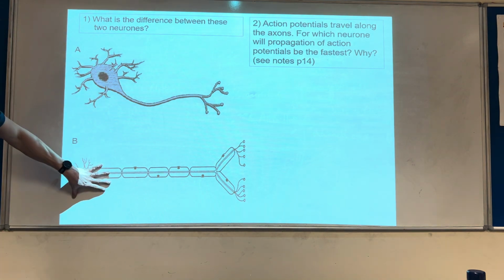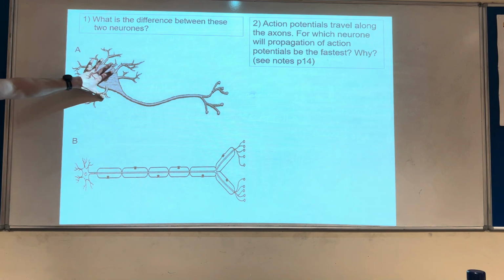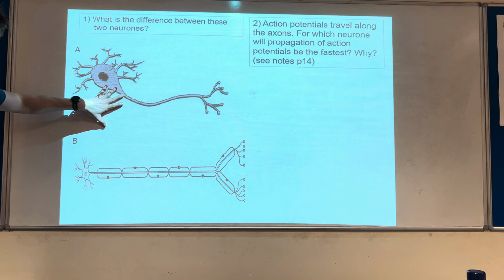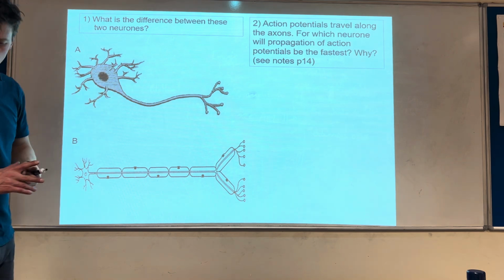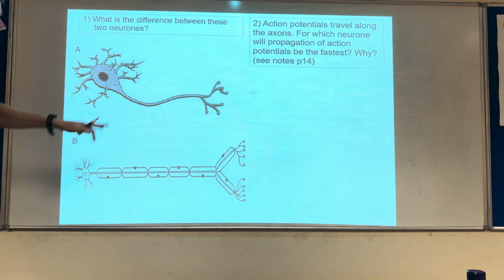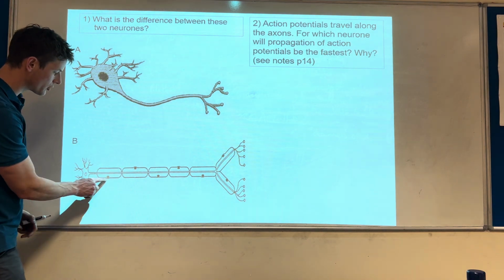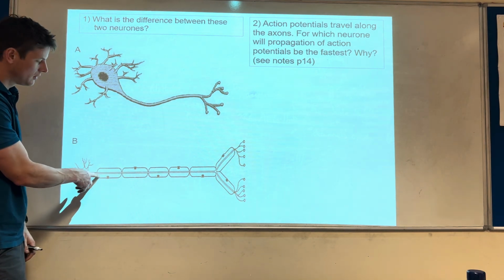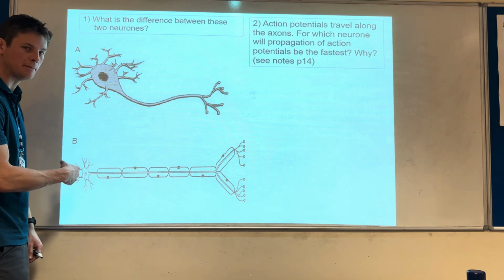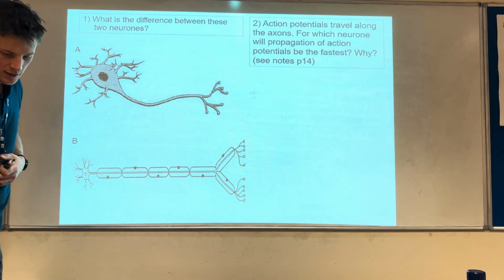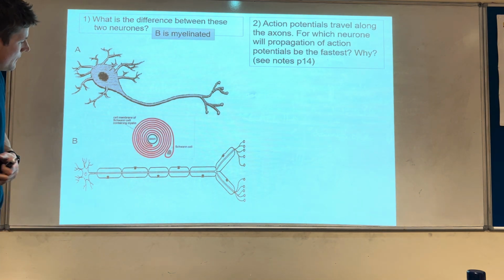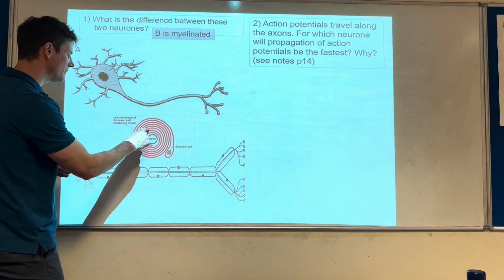Here we've got two different neurons. This top neuron, what is the difference between them? Well, this top one is non-myelinated. And the bottom one, we can see these are the Schwann cells. Schwann cells produce the myelination. That is an extension of their cell membranes.